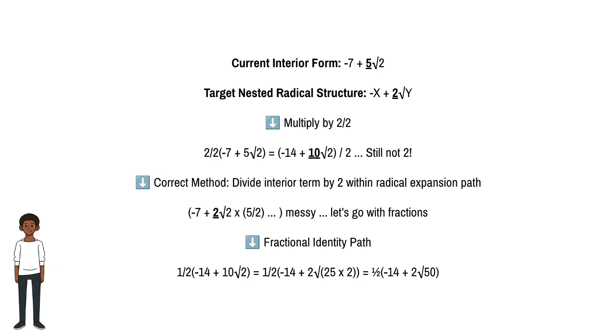Instead, let's just make the coefficient of the nested radical term be part of our 2 times the square root of ab target. Let's rewrite 5 roots of 2 as 2 roots of a times b, so the square root of a times b equals 5 over 2 times the square root of 2, which equals the square root of 25 over 4 times 2, equals the square root of 50 over 4, equals the square root of 25 over 2.